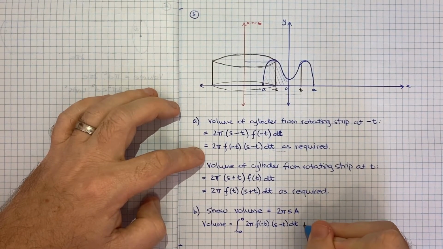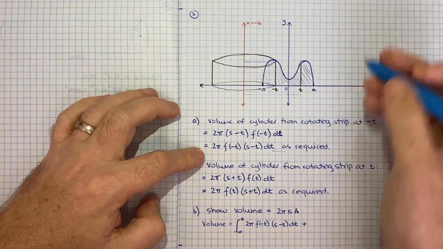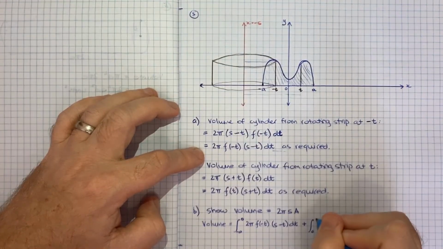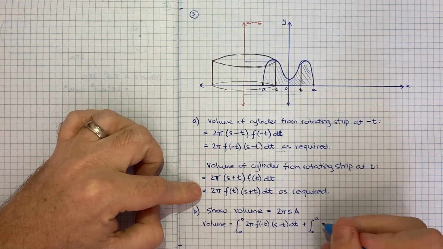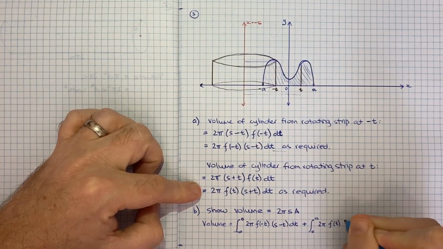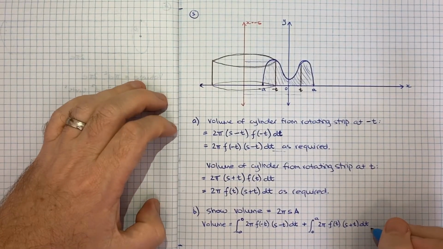And then adding to that, we'll do the volume from this part of the curve, which would be the integral from 0 up to a of these strips here. So this will be 2 pi times f of t times s plus t dt. So that's what we need to evaluate.